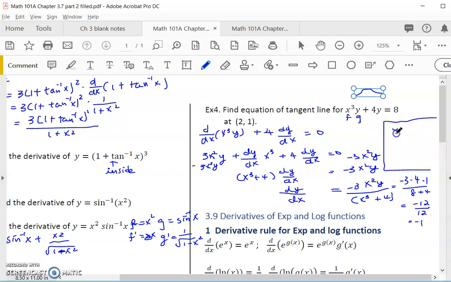My equation will be y minus 1 equal to negative 1 times (x minus 2). So the equation will be y minus 1 equal to negative x plus 2, because negative 1 times minus 2 is plus 2. So y equals negative x plus 3 is my tangent line for x cubed y plus 4y equal to 8 at (2, 1).